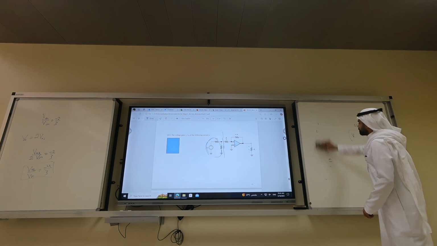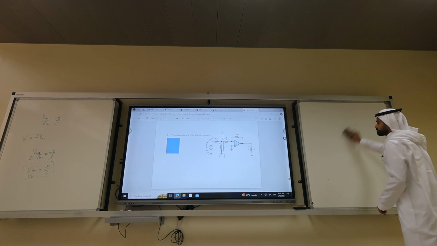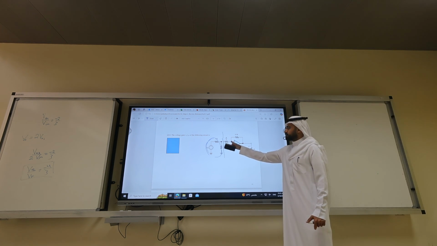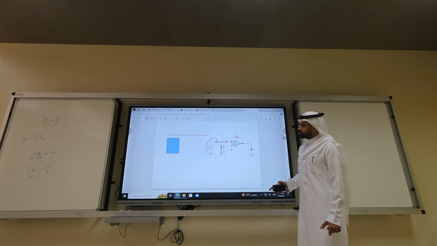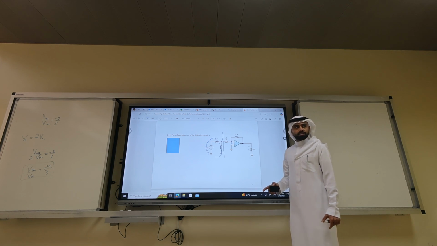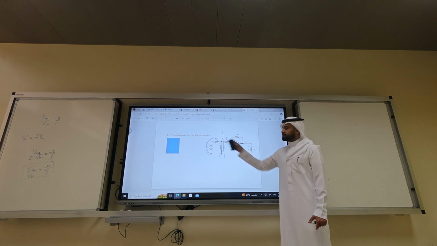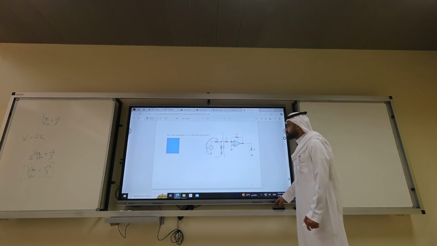First, we recognize that we have a virtual ground with the amplifier. So can I know the voltage here, because of the virtual ground?